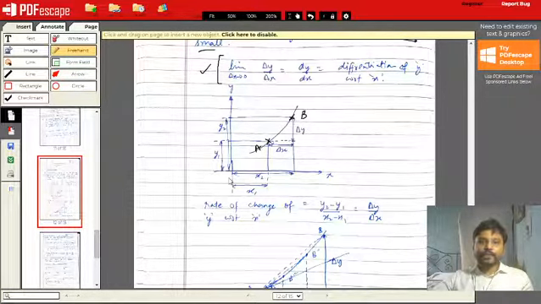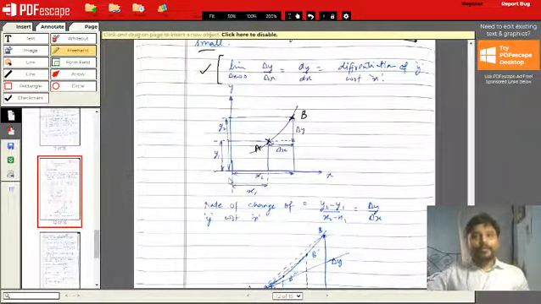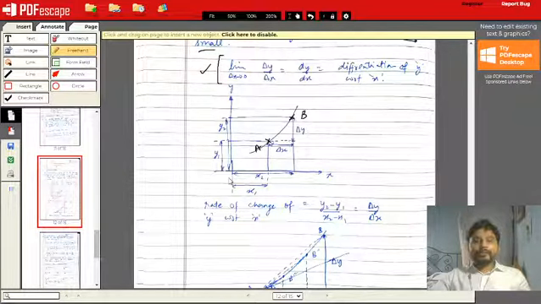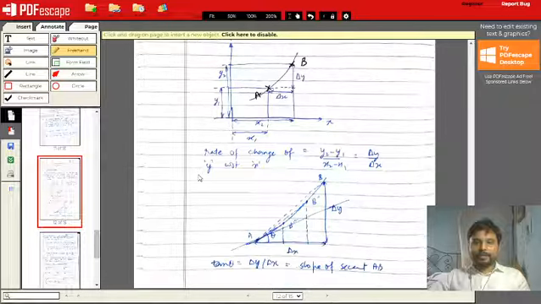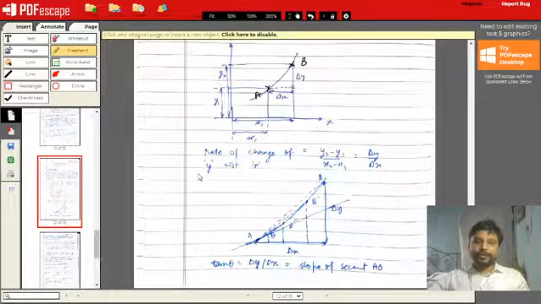In the case of average velocity, we took the ratio of displacement and time, and we got average velocity. So here we are taking the ratio of delta y and delta x, and we are searching what that ratio means. Moving ahead, like we discussed, this is the rate of change of y with respect to x, some delta y by delta x.